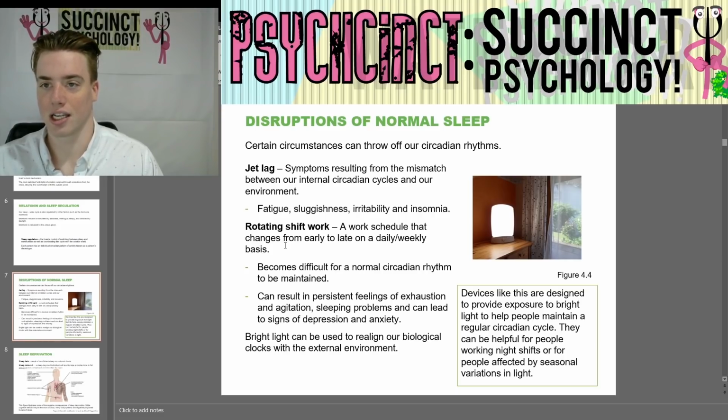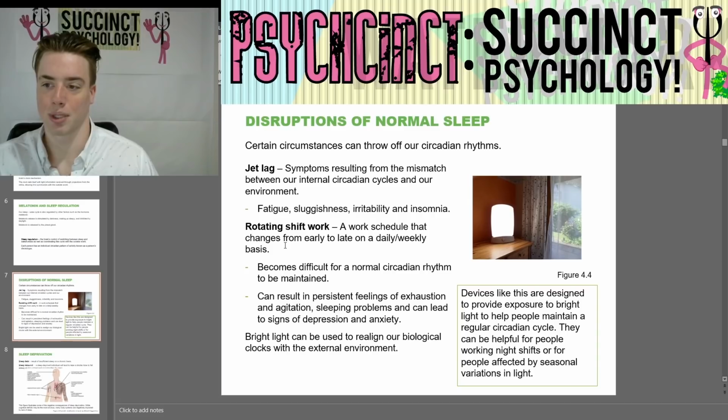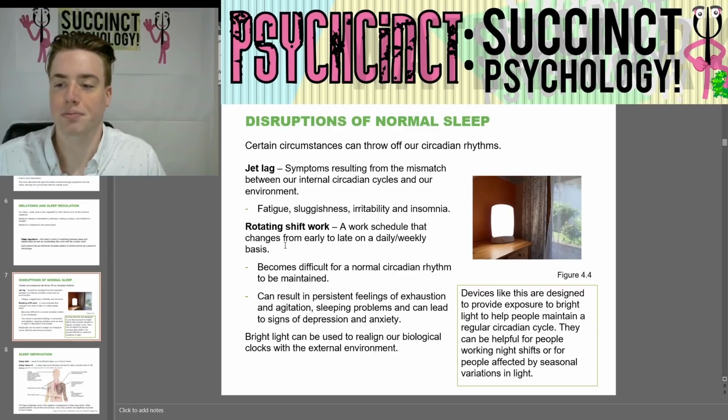Say you got into the next airport at 7 o'clock, their local time, but it's 8 o'clock from where you left. That would cause jet lag because it messes up your internal circadian cycle.